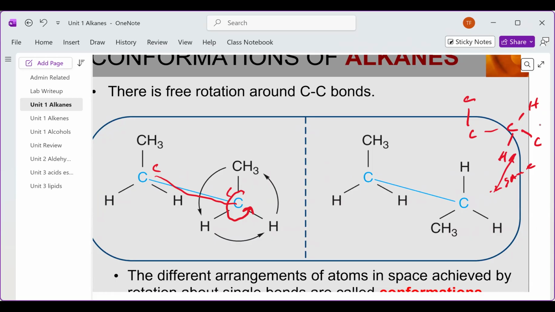Everything tries to go from unstable to stable all the time. So one of these is more stable than the other. So it'll spend more time in the stable state than the unstable state. So this is more stable than this one.